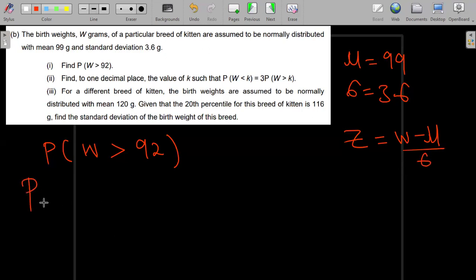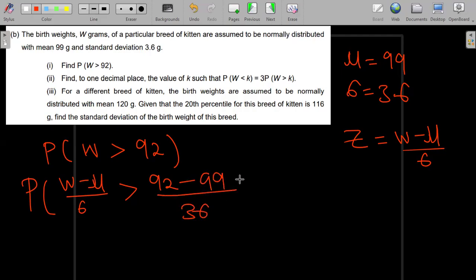So we have the probability that W minus mu over the standard deviation is greater than 92 minus the mean, which is 99, over 3.6. This becomes the probability that Z is greater than 92 minus 99, that is minus 7, divided by 3.6. My calculator is showing me minus 1.94.